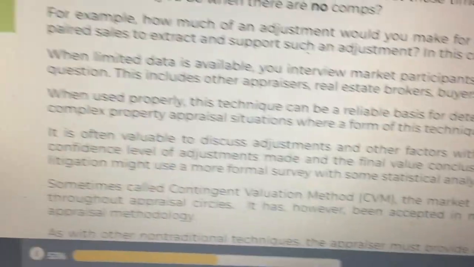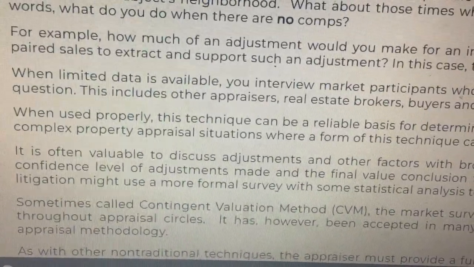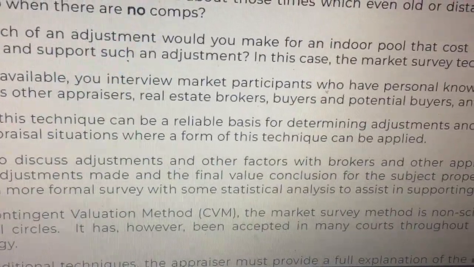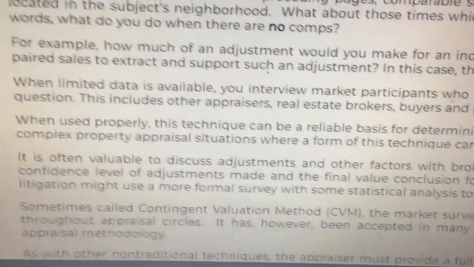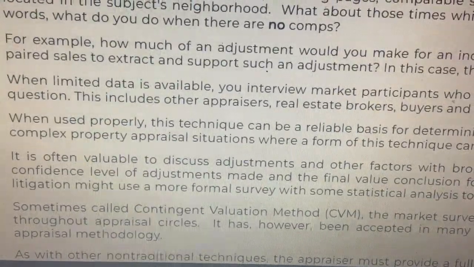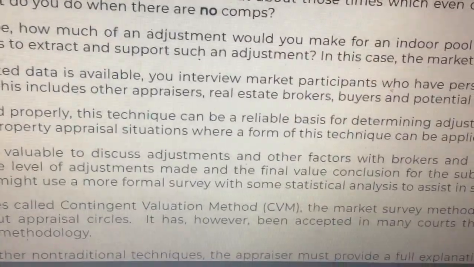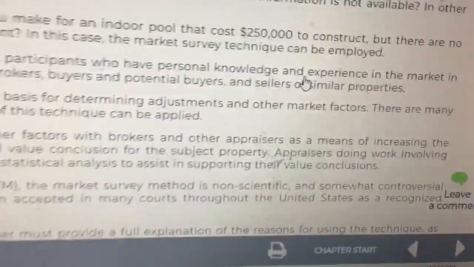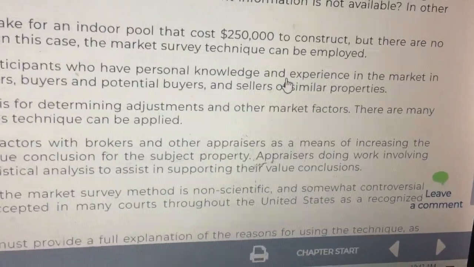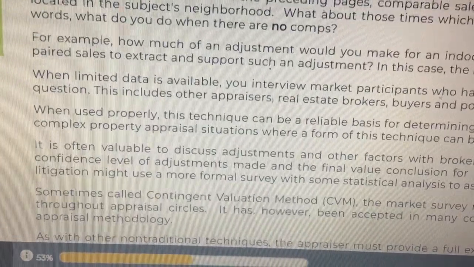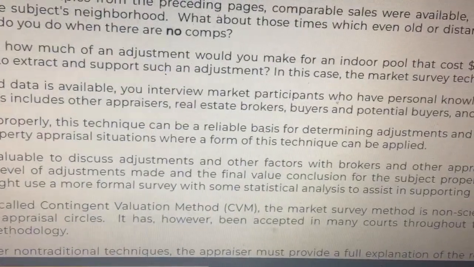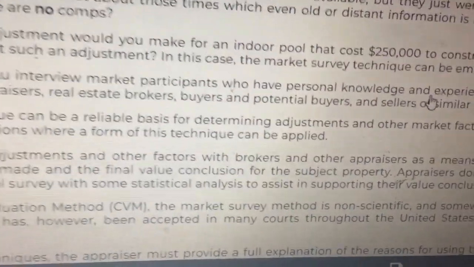There are many complex property appraisal situations where a form of this technique can be applied. It is often valuable to discuss adjustments and other factors with brokers and other appraisers as a means of increasing the confidence level of adjustments made and the final value conclusion for the subject property.